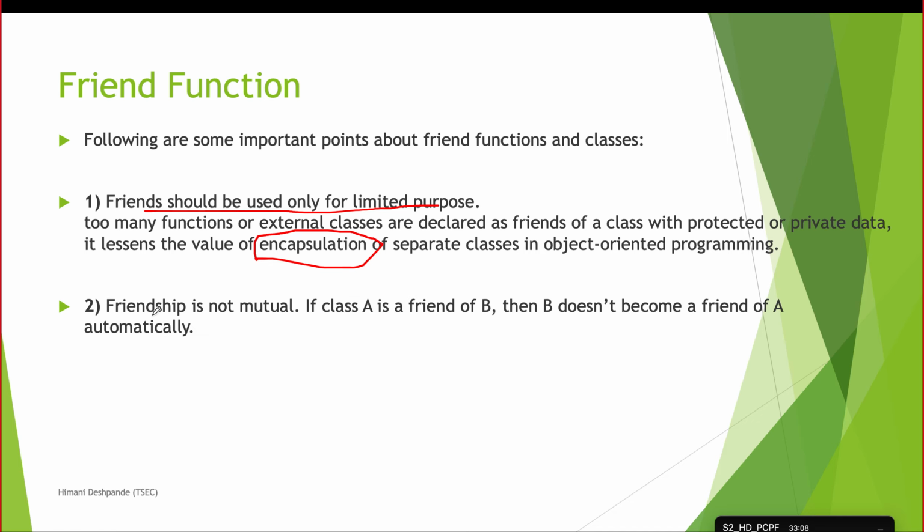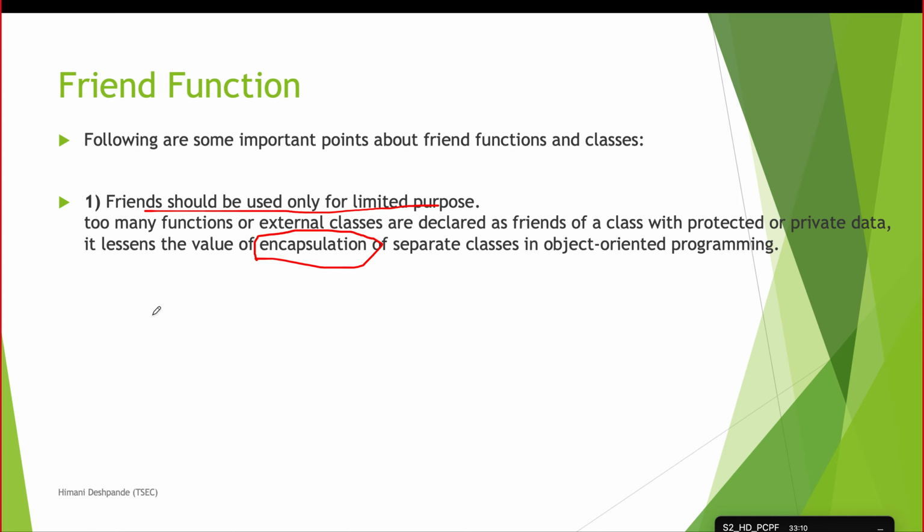Next, there might be a scenario where you are sharing your secrets with your friend, telling your password and everything, but the other friend might not be sharing things with you. You might think he or she is your best friend, but the feelings might not be mutual. She or he might not be thinking that you are their best friend as well.